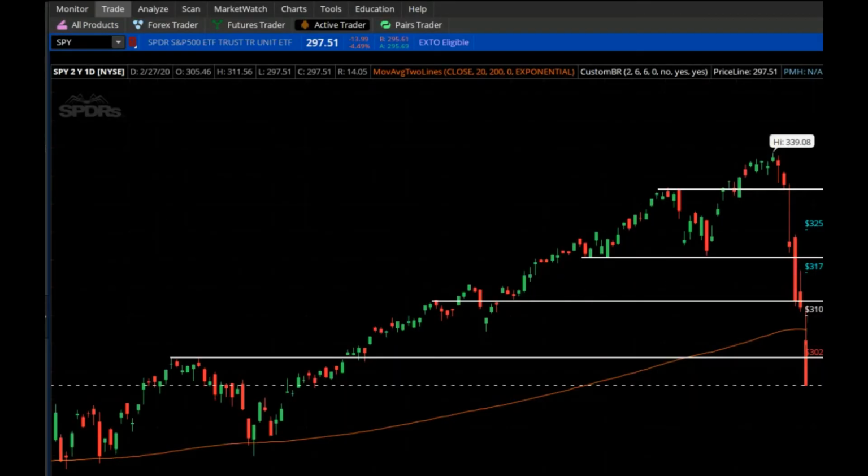If we keep going, it's just a typical breakout, and then previous resistance now turns support, right?